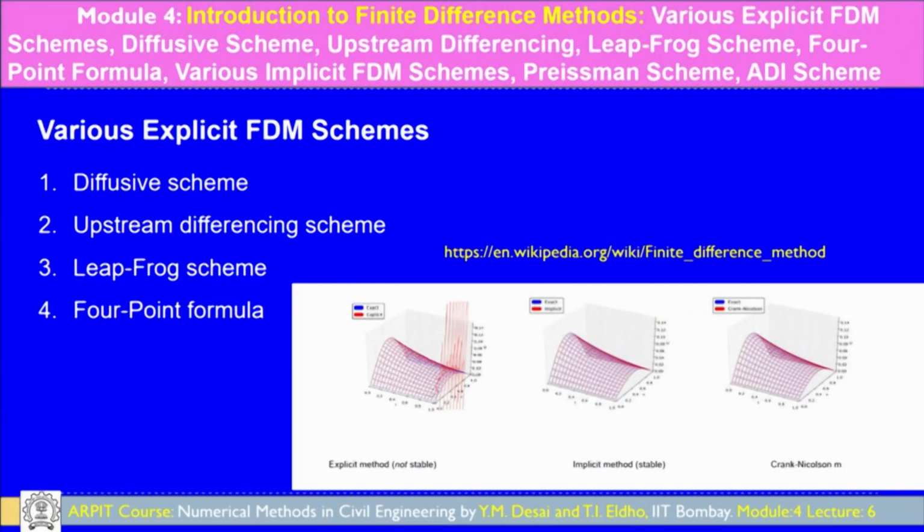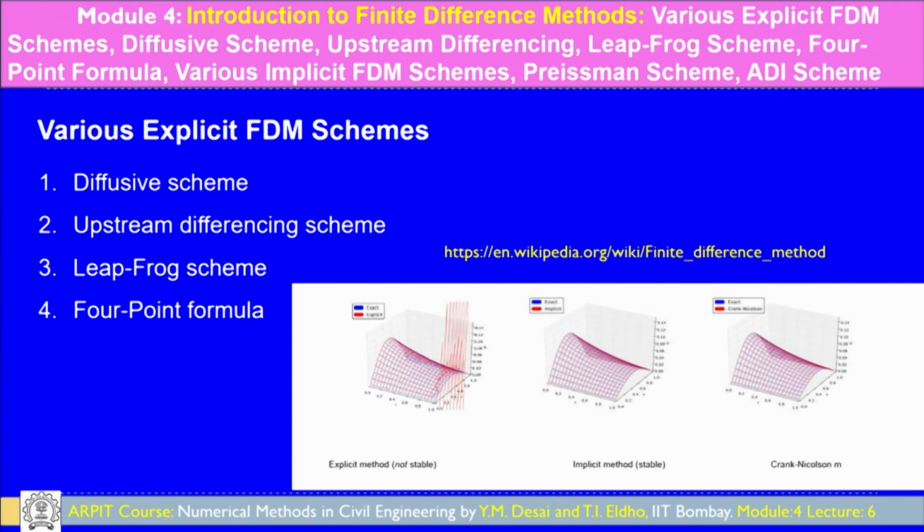So here we will further discuss a few of the other schemes available in the finite difference method. Of course, there are many other schemes, but we will be discussing a few important schemes which we especially use in engineering, or civil engineering specifically.